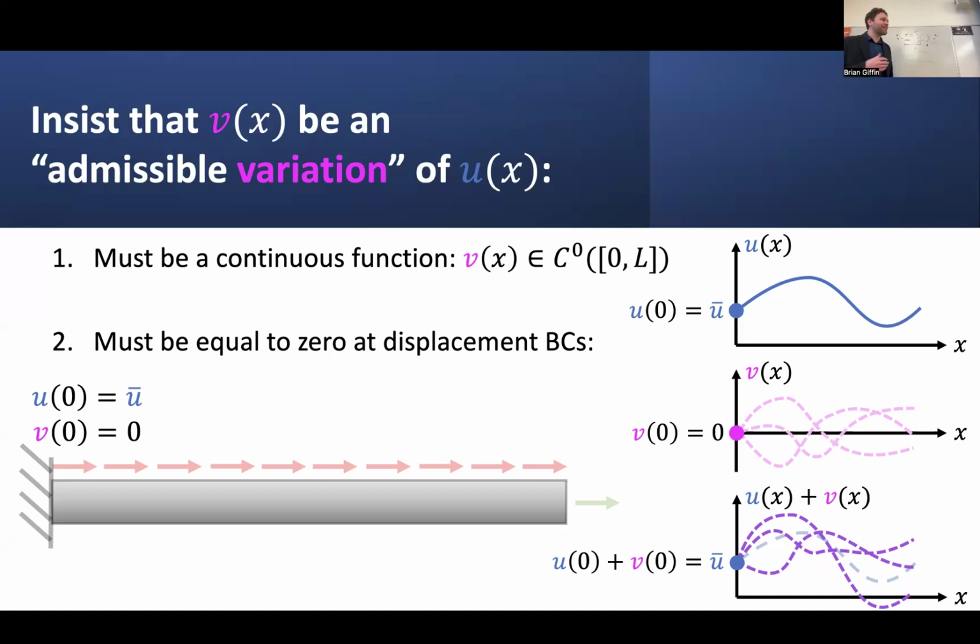So that's another way we can rationalize why we impose this constraint on the virtual displacement field. It's to ensure that if we add these two things together, we still get back satisfaction of the original support constraint.